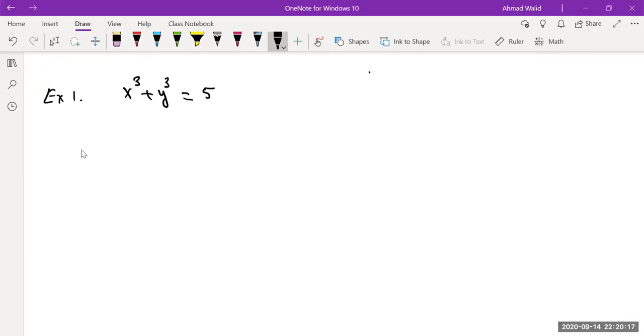Let me draw here a line. On the right side, I'll write steps for you. Step 1, the main important idea behind this is that you must treat y as a function of x.